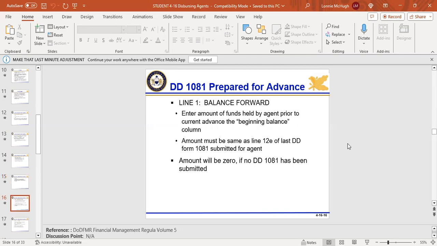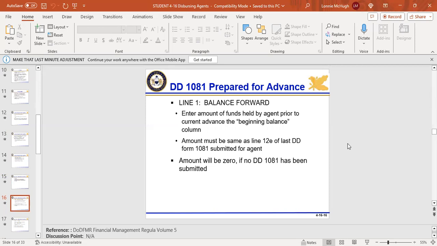All right, this form is a little bit tricky. It is essentially a snapshot in time, and each one of the lines will be an aggregate from the day's work. Line one is our balance forward.